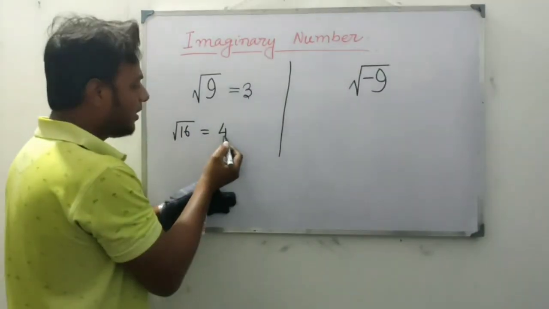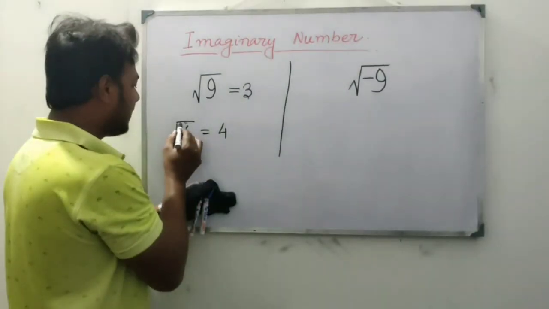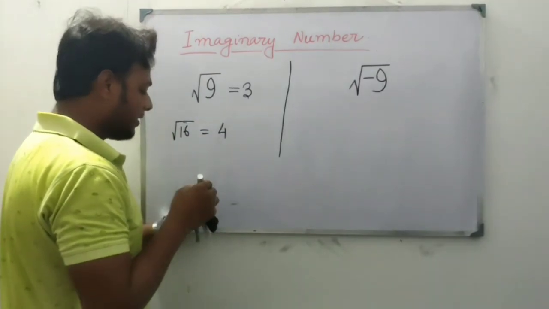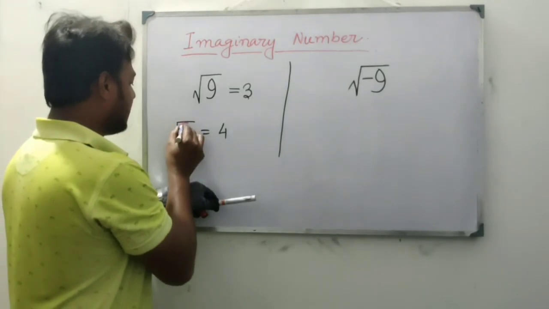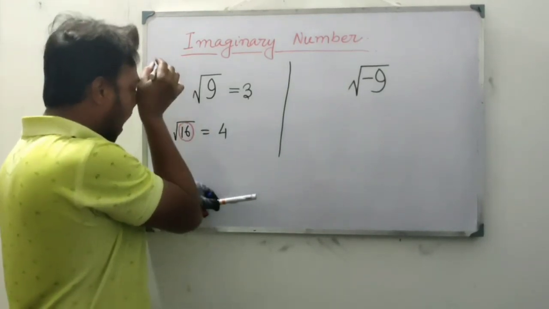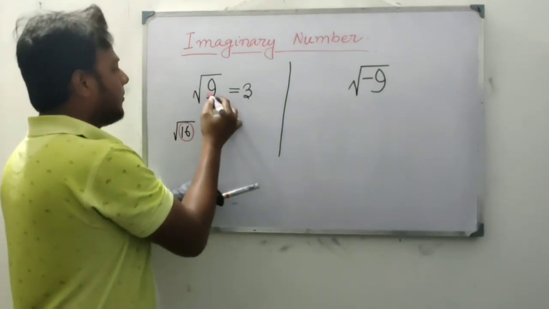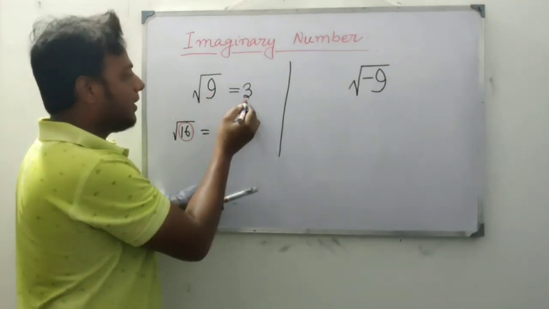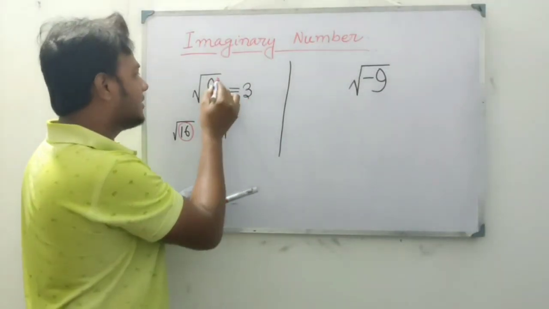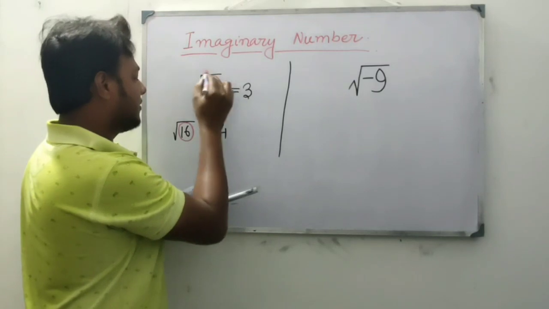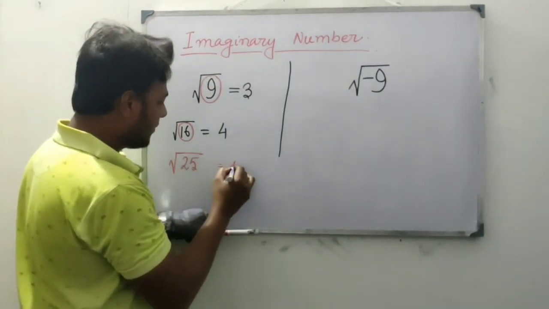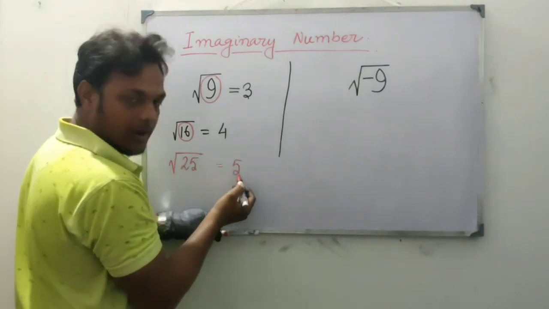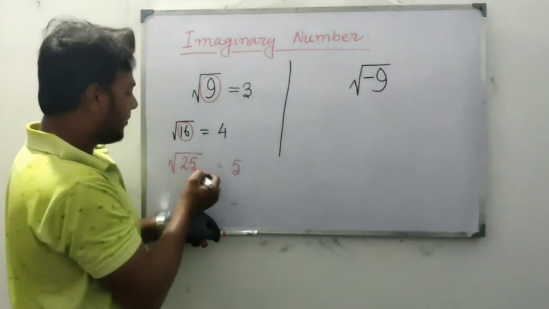Since if you multiply 4 and 4, we get the number which is inside the square root. Root over 9 equals 3, since 3 into 3 gives the number inside the root. What about root over 25? Obviously 5, since 5 into 5 gives back this number.